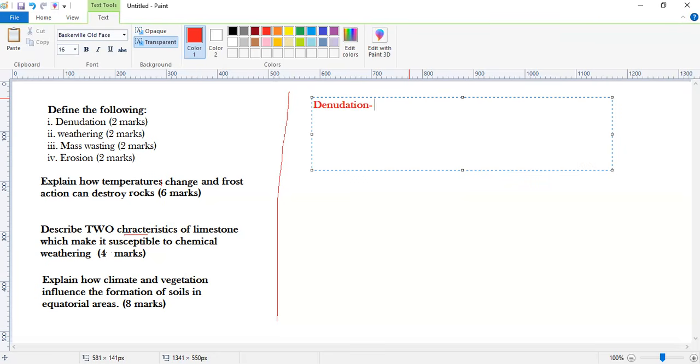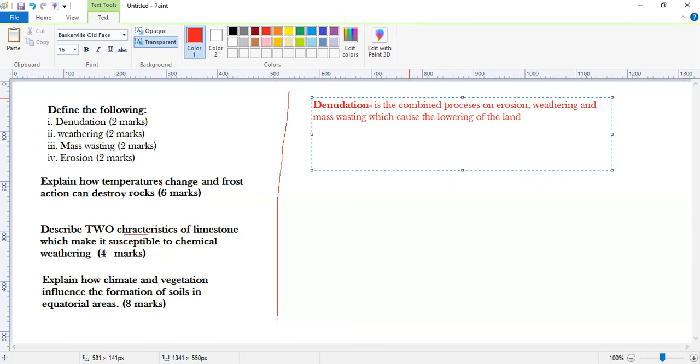So what can we write for denudation? Denudation is the combined processes of erosion, weathering, and mass wasting, which cause the lowering of the land.